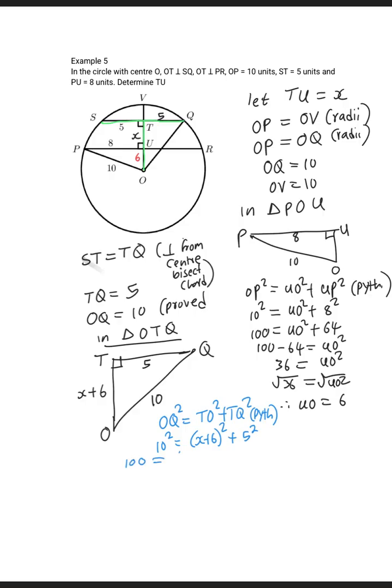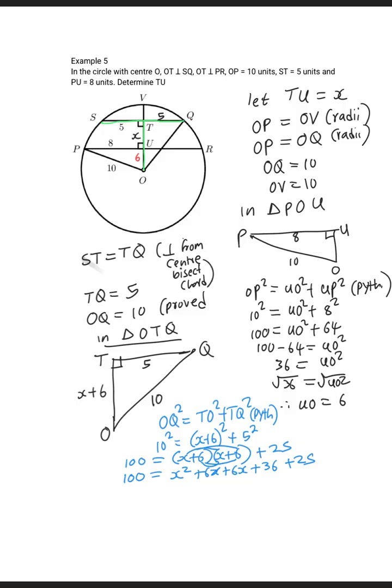We can split this into 2 brackets when we want to expand it. 5 squared is 25, and then we have 100 is equal to x times x is x squared, x times 6 is 6x, and 6 times x is another 6x, and then 6 times 6 is plus 36, plus 25.